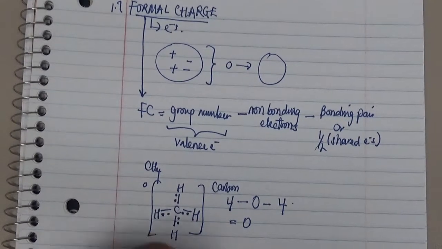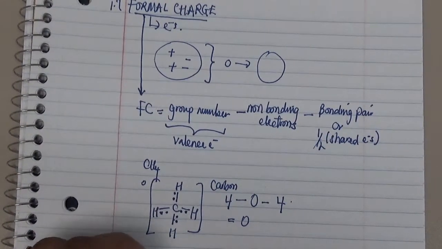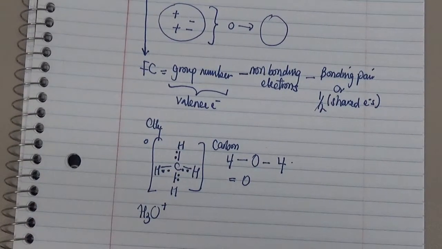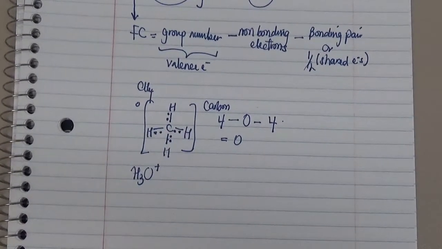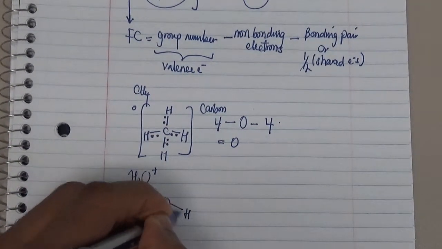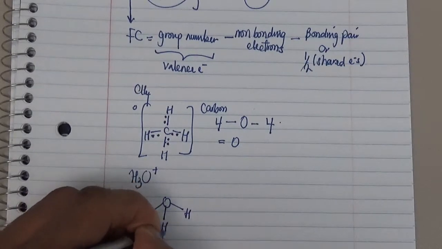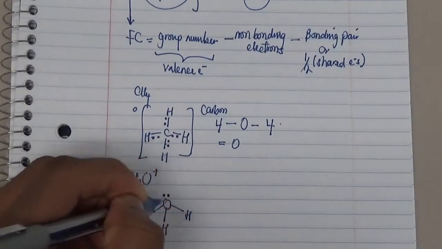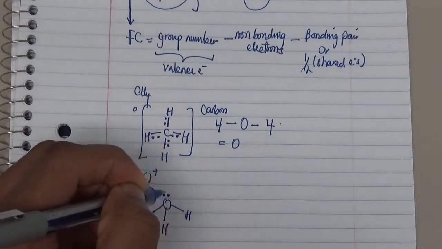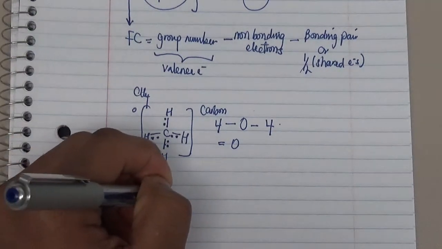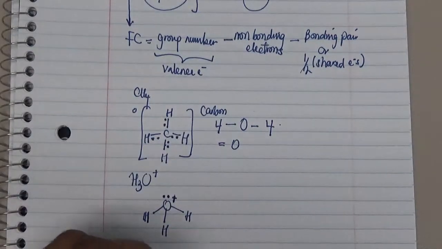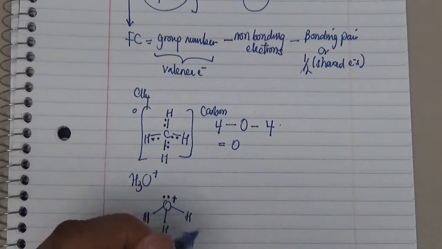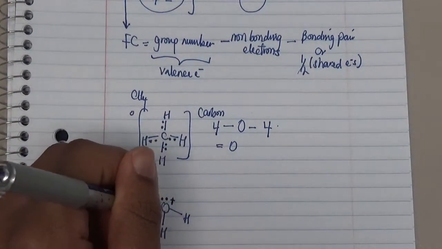Now, let's look at another example, the hydronium ion with a positive charge. This is quite interesting. If we draw the Lewis structure for this, oxygen is bonded to 3 hydrogen atoms and also has a lone pair. We don't actually know where the positive charge is, but let's confirm that this positive charge is actually on the oxygen.